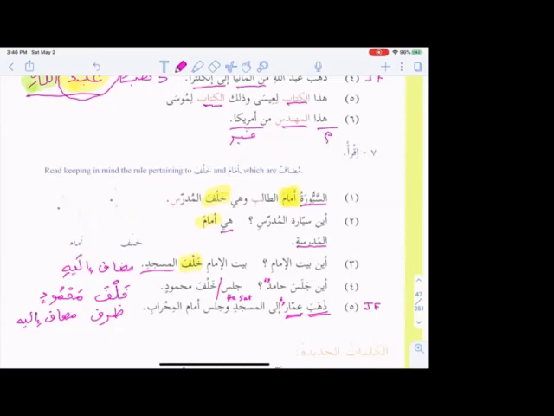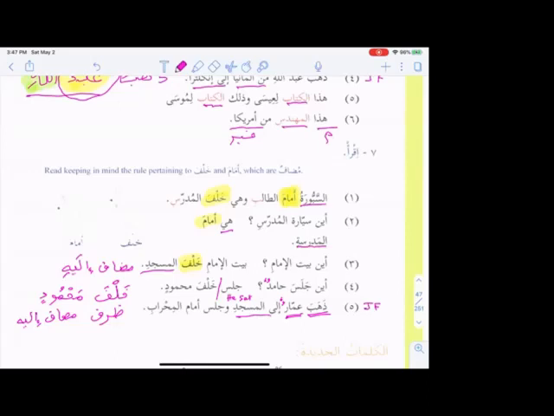Zahaba Ammarun ilal masjidi. Zahaba Ammar went to the masjid. We can say jar majhur, but nothing more than that. We can say zarf, nothing more than zarf, because it's not jumla ismiya. This is jumla failia. Zahaba Ammarun, Ammar went to the masjid.